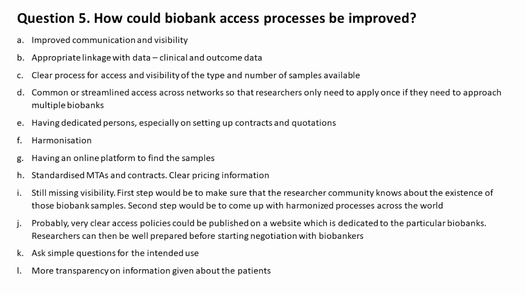Next one: common or streamlined access across networks so that researchers only need to apply once if they need to approach multiple biobanks. Having dedicated persons, especially on setting up contracts and quotations. Harmonization. Having an online platform to find the samples. Standardized MTAs and contracts. Clear pricing information.